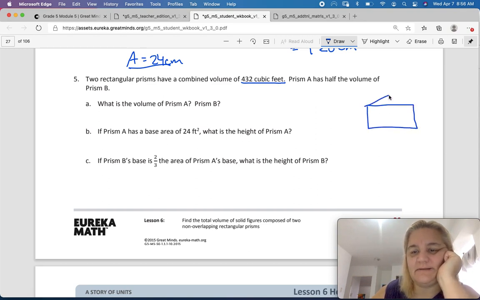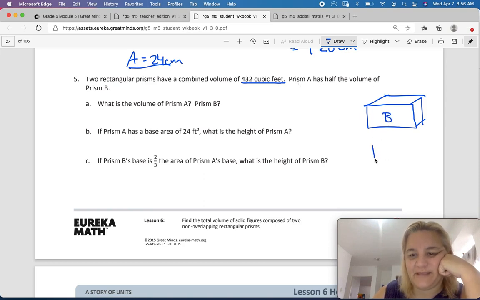Prism A looks like this. And prism, that's B. A has half the volume of B, so that would make it like that. And the combined is 432.